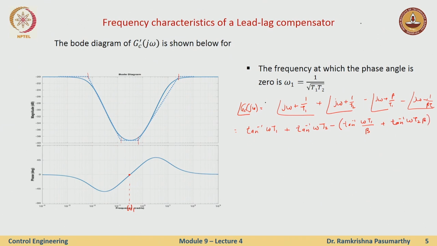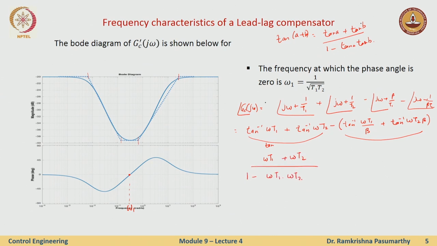I'll split these two quantities and use a simple formula from trigonometry: tan of A plus B is tan A plus tan B over 1 minus tan A times tan B. If I take the tangent of the first term, I am left with omega T1 plus omega T2 over 1 minus omega T1 times omega T2.